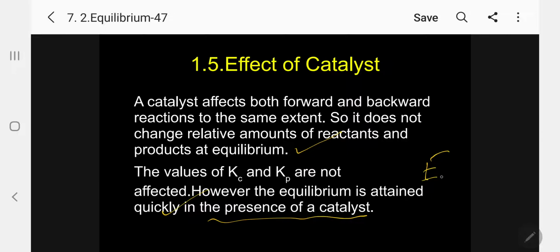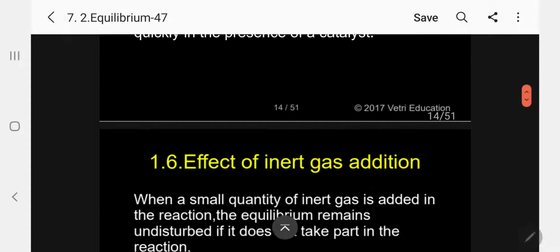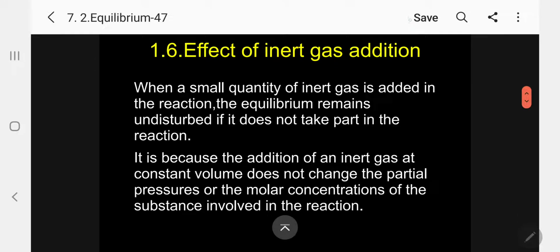We will discuss this under chemical kinetics, but for now, just listen to me. It is the energy between the reactants and what we call the transition state.